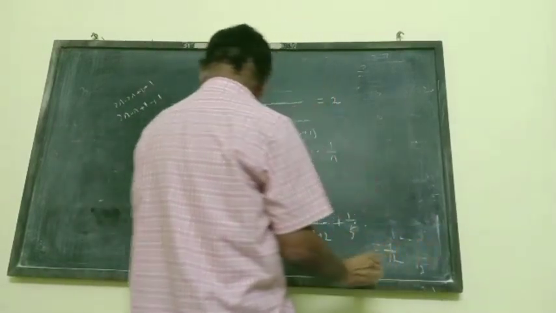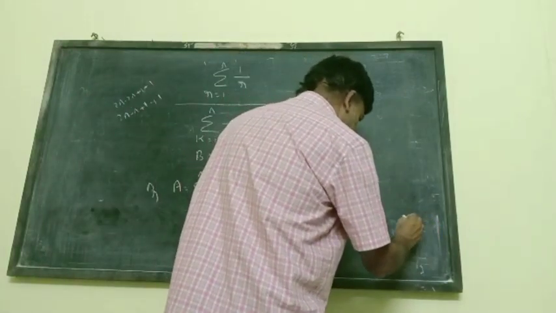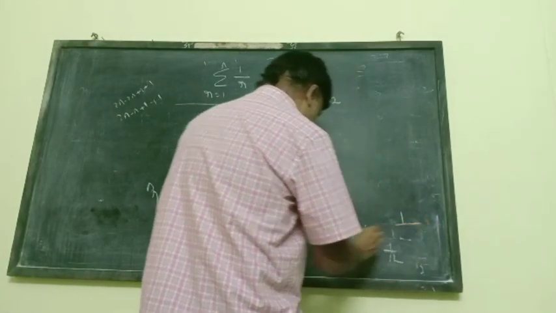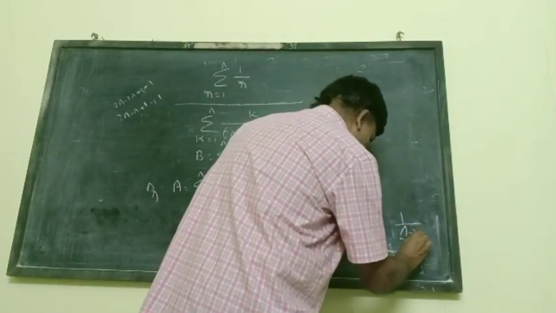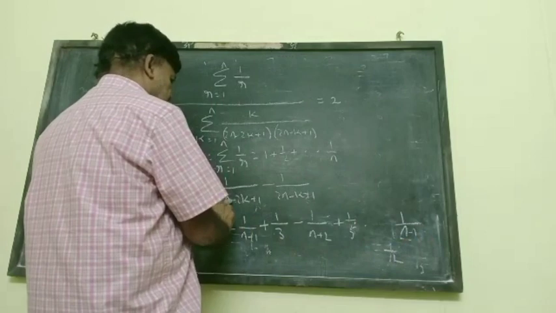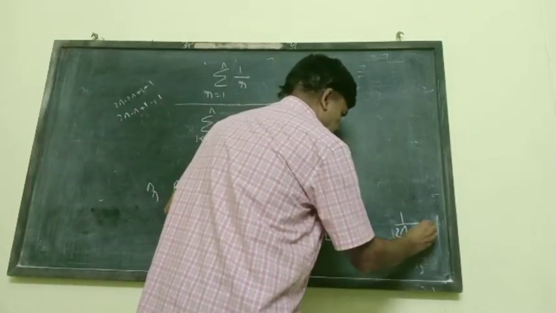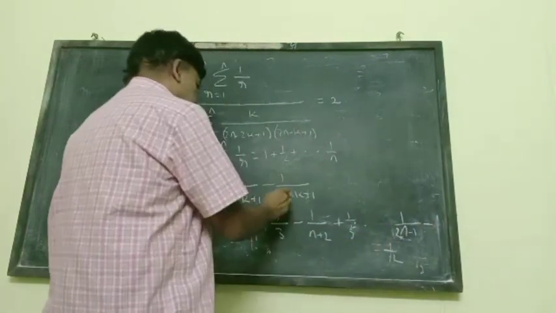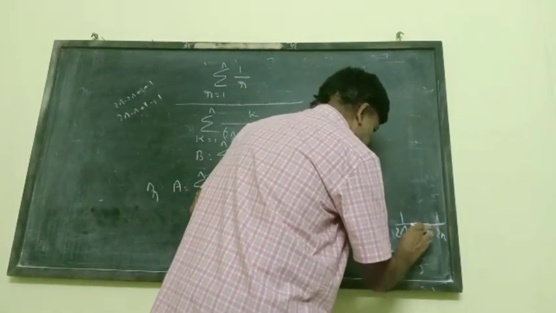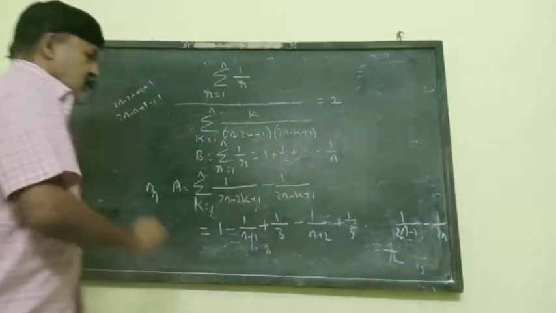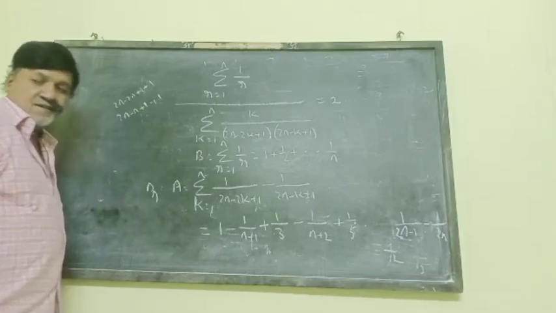Finally, when k is equal to 1, you will get 1 by... n minus 1, right? k equal to 1 with the 2n minus k equal to 1 means 1 by 2n, and arranging from n minus 1, n minus 2 up to 1 like this.